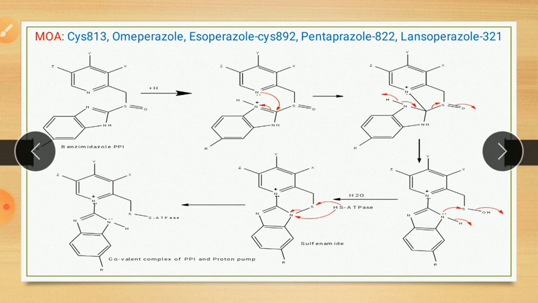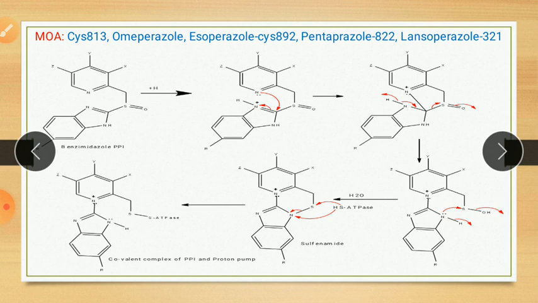They are then chemically converted by acid to sulfenamide. So note the point, it is a sulfenamide intermediate that inhibits the proton pump via covalent interaction with the sulfhydryl group of the cysteine residue of the hydrogen potassium ATPase pump, as shown in this reaction.